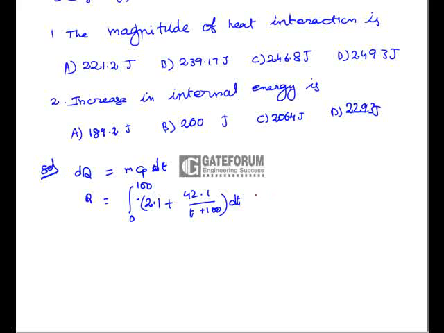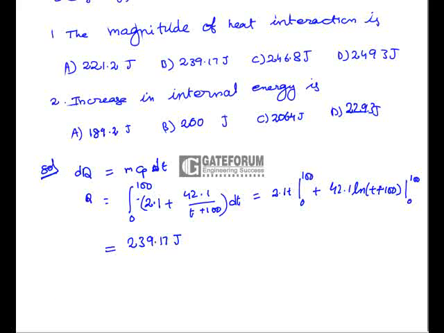Now integrate this equation, we get 2.1 t from 0 to 100, plus 42.1 into ln of (t plus 100) again from 0 to 100. Now substitute these values in the given equations, we get 239.17 joules.